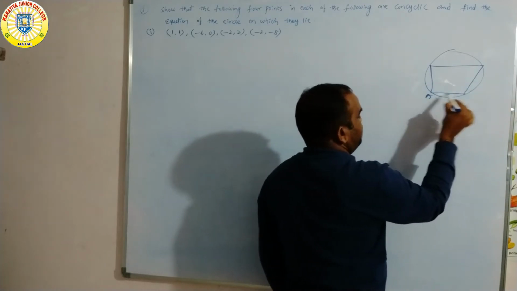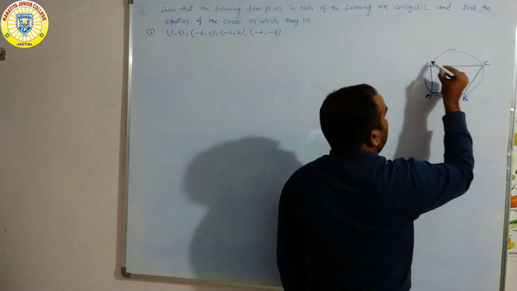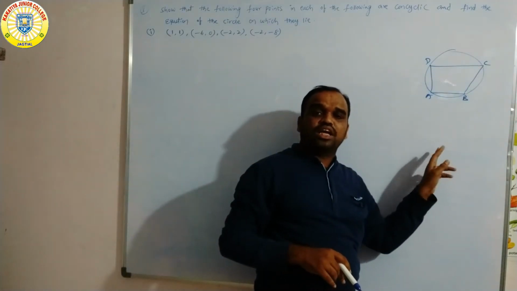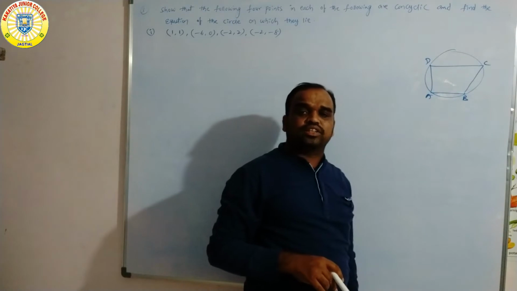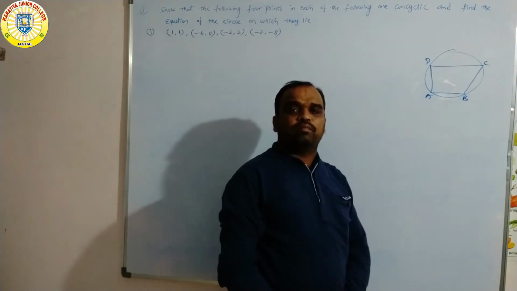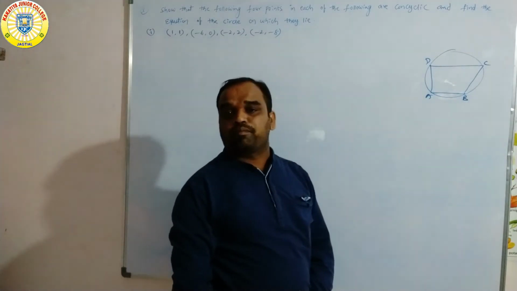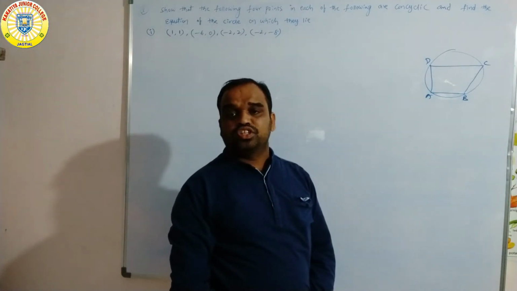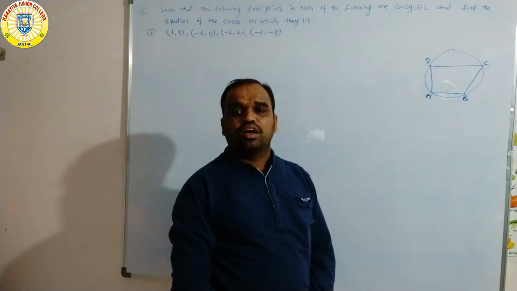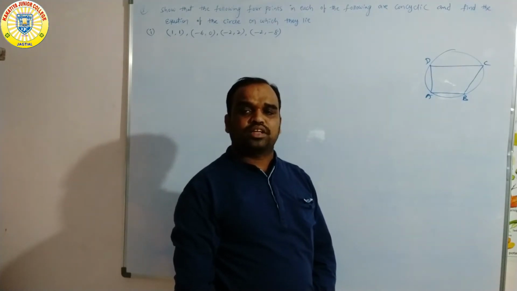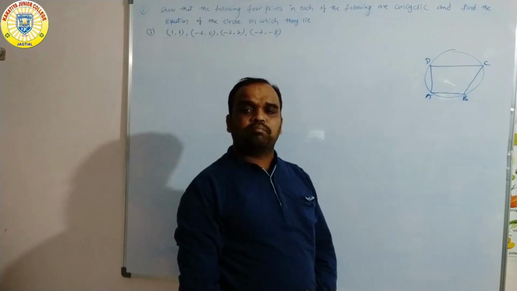Here A, B, C, D. These 4 points A, B, C, D are called concyclic points.